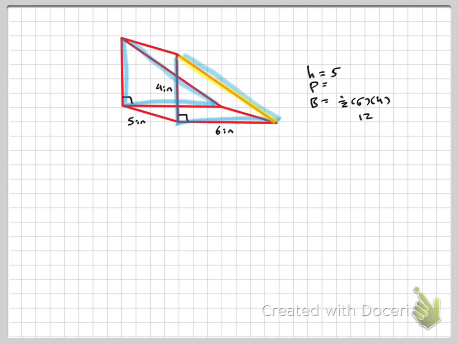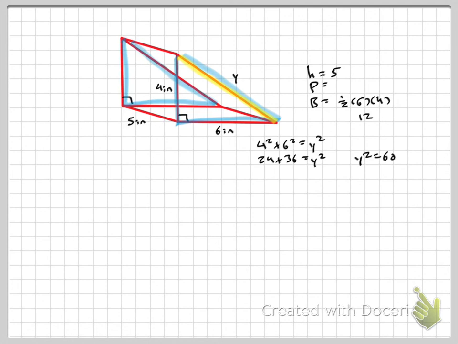So I'm just going to do Pythagorean theorem. I'm going to call this y. So 4 squared plus 6 squared equals y squared, because y is the hypotenuse. So 24 plus 36 equals y squared. 24 plus 36 is 60, so y squared equals 60.